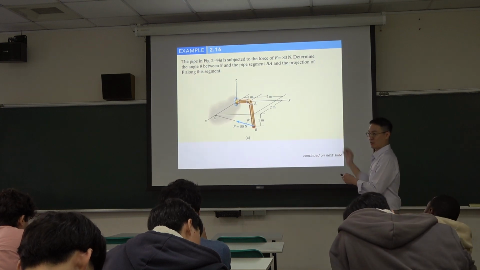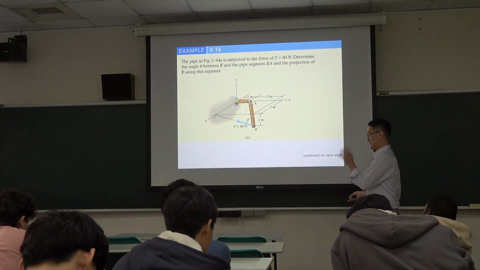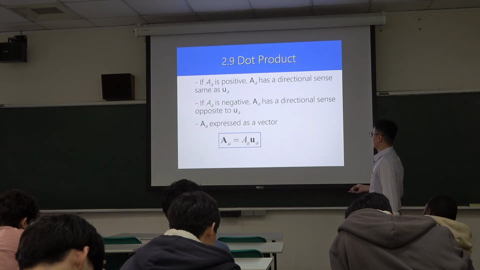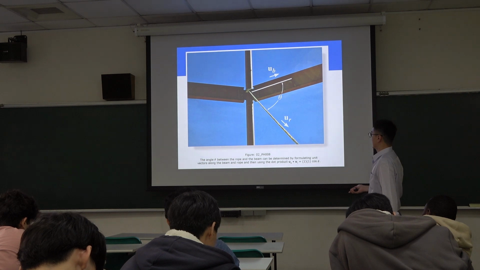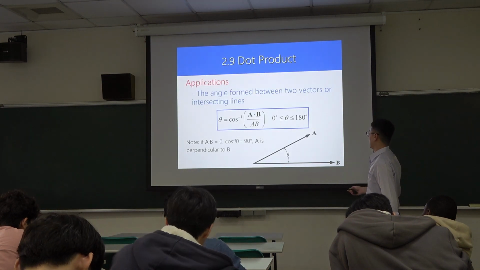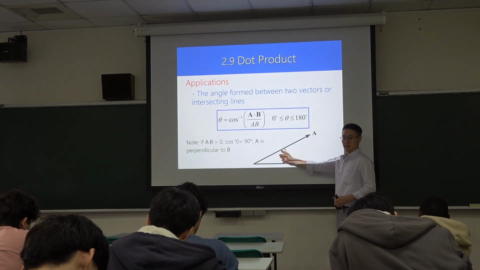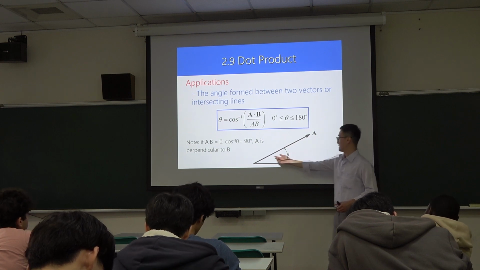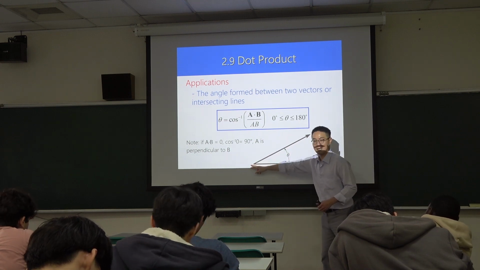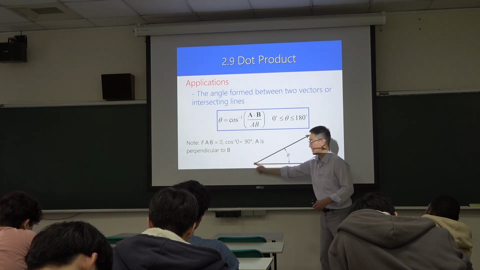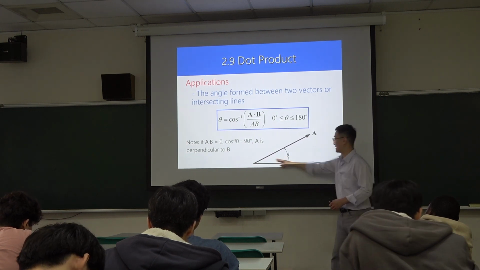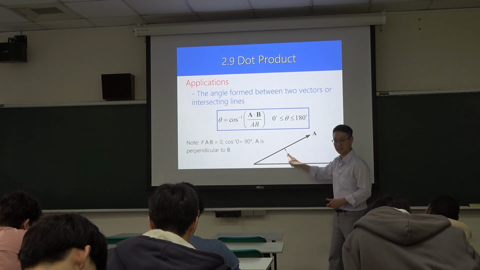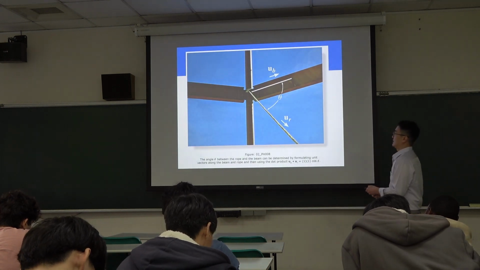Okay, we go back to the previous slide. Here, when we are working out theta, the vectors are concurrent, okay? The direction of these two vectors has a concurrent situation to work out theta.